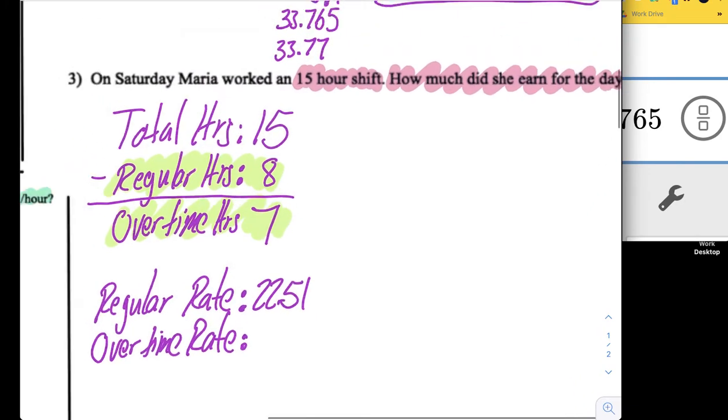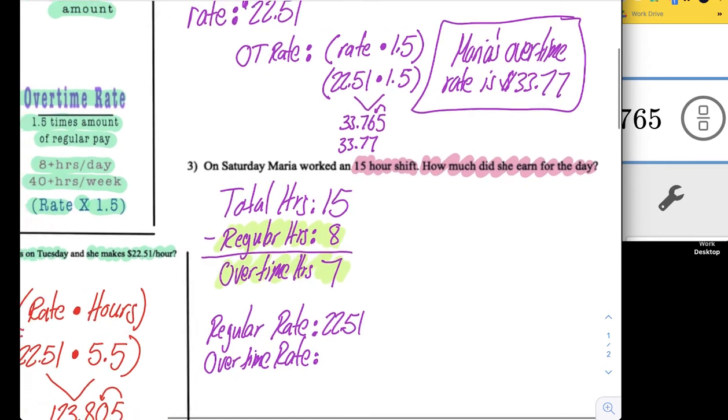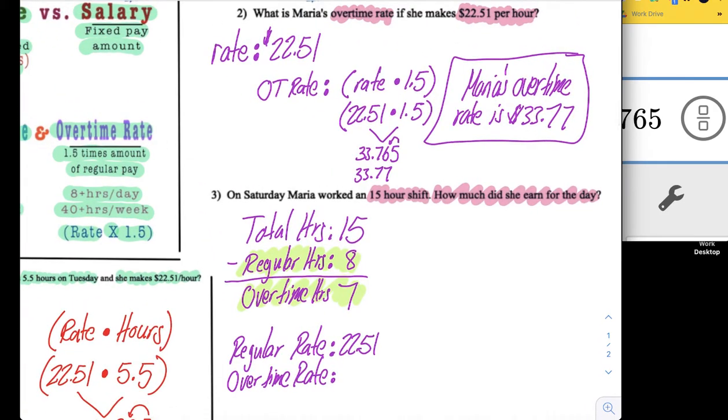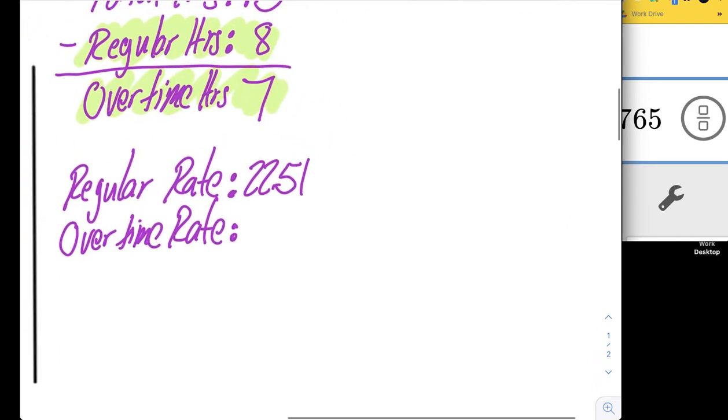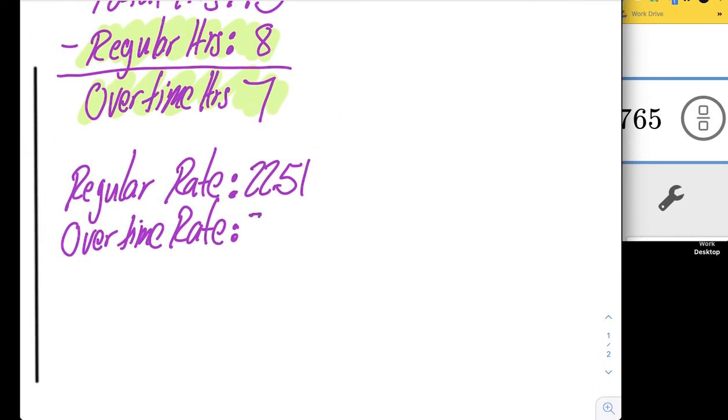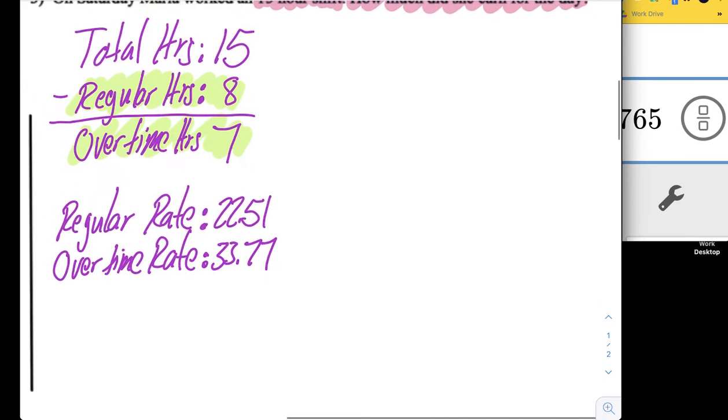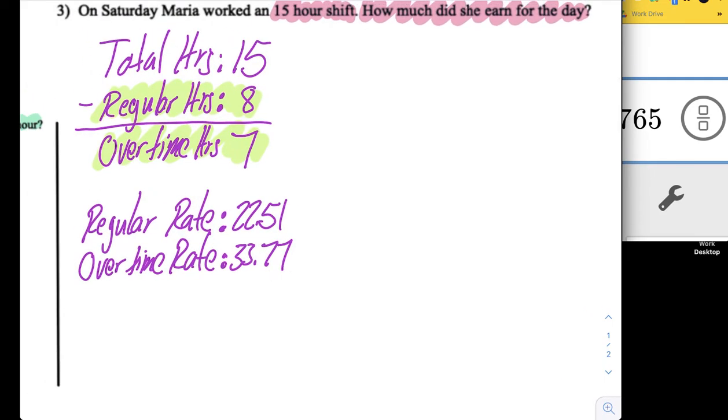Overtime rate we found here on number 2, her overtime rate was $33.77. So now, guys, we have to figure out how much she made altogether.